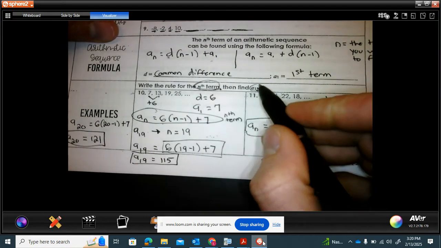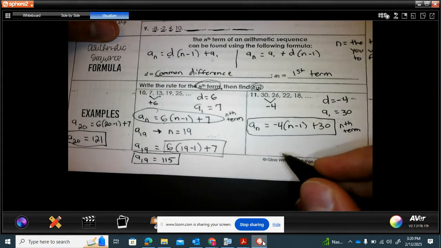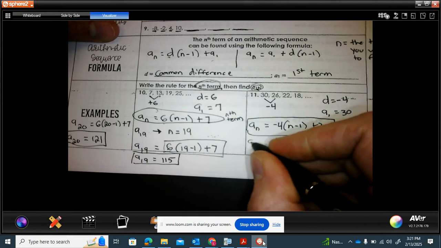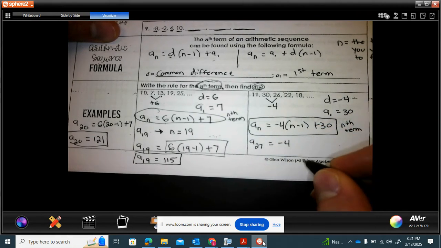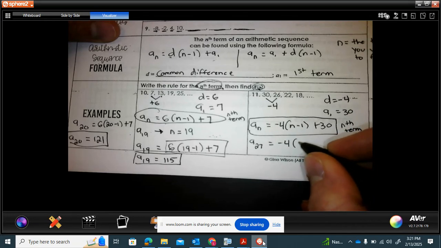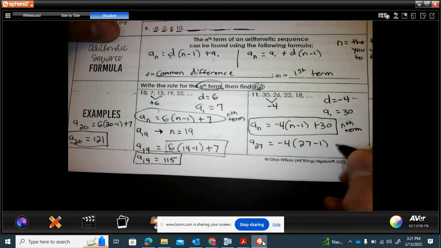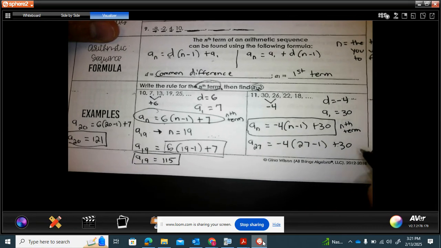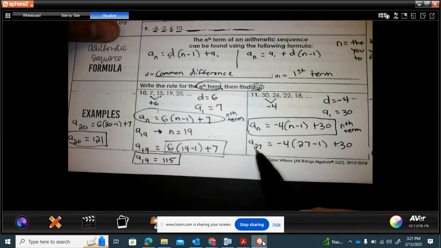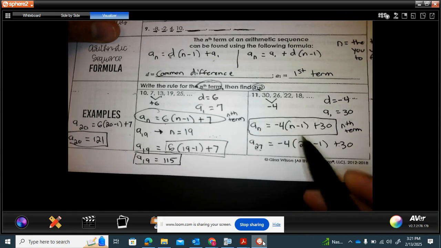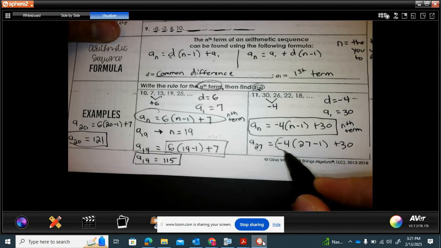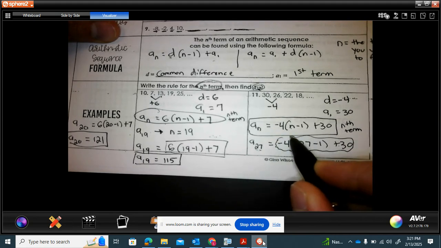So I'm going to change it. Instead of 19, let's find like the 27th term. So to find the 27th term, you have negative 4, and I'm plugging in 27 for n, and I'm adding 30. Again, finding the 27th term, so everywhere I see an n, I need to plug in 27. And then this part is the part I'm actually typing into my calculator.